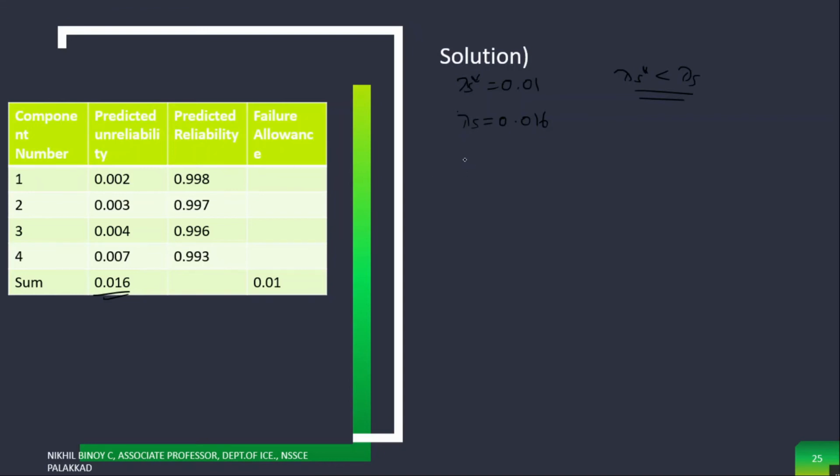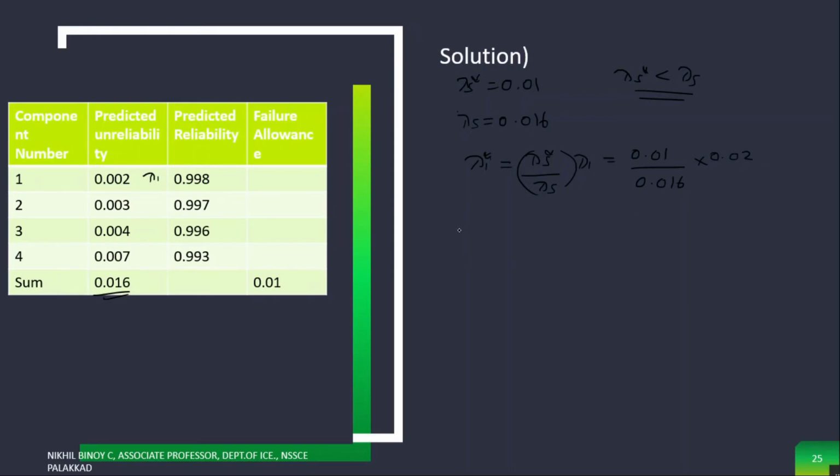So what can you find? First you can find lambda 1 star, that is lambda S star divided by lambda S into lambda 1. That is equal to 0.01 divided by 0.016 into lambda 1.